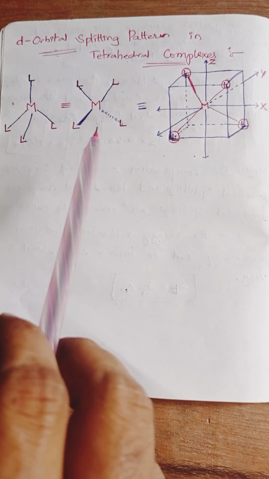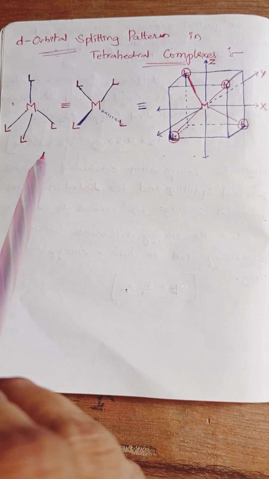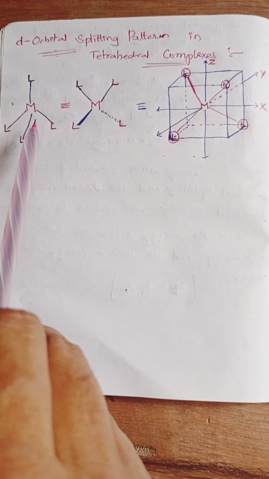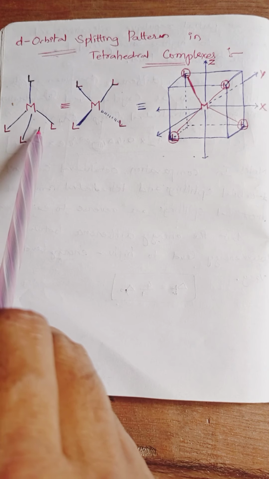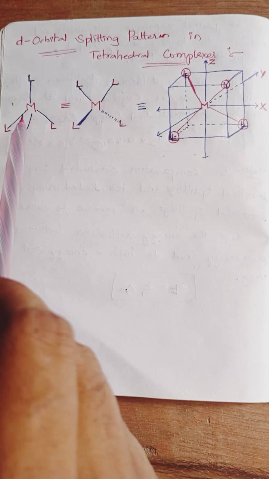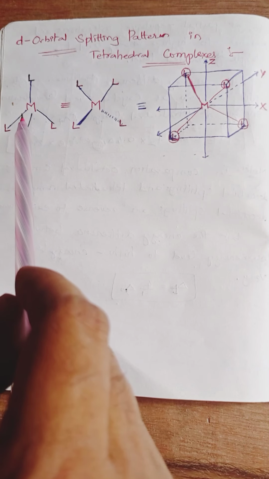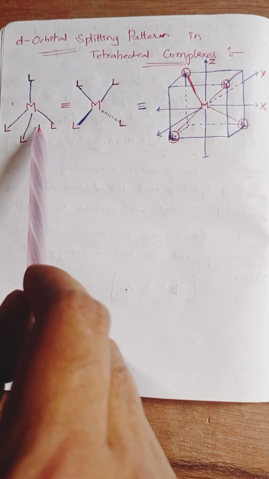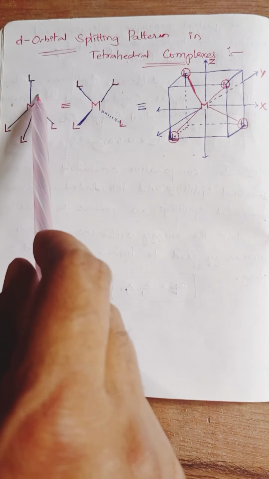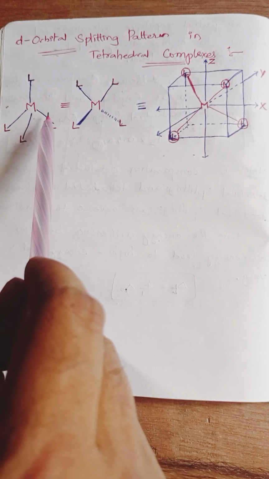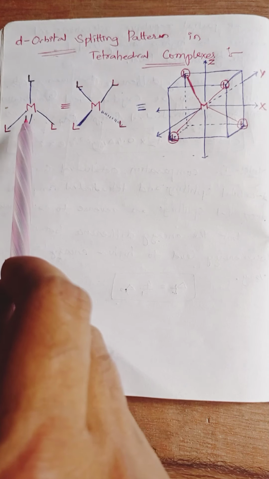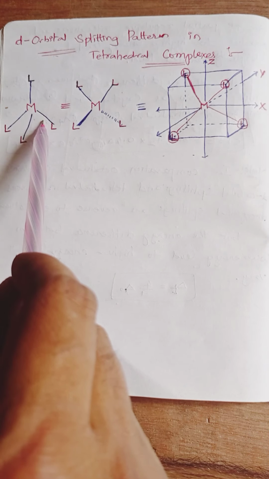So here we are going with the tetrahedral complexes. The known pictorial diagram of tetrahedral is this, right? If anyone is asked to draw the tetrahedral, most people will express it in this manner. In this projection, it may look like all four ligands are in one plane, as a two-dimensional structure.